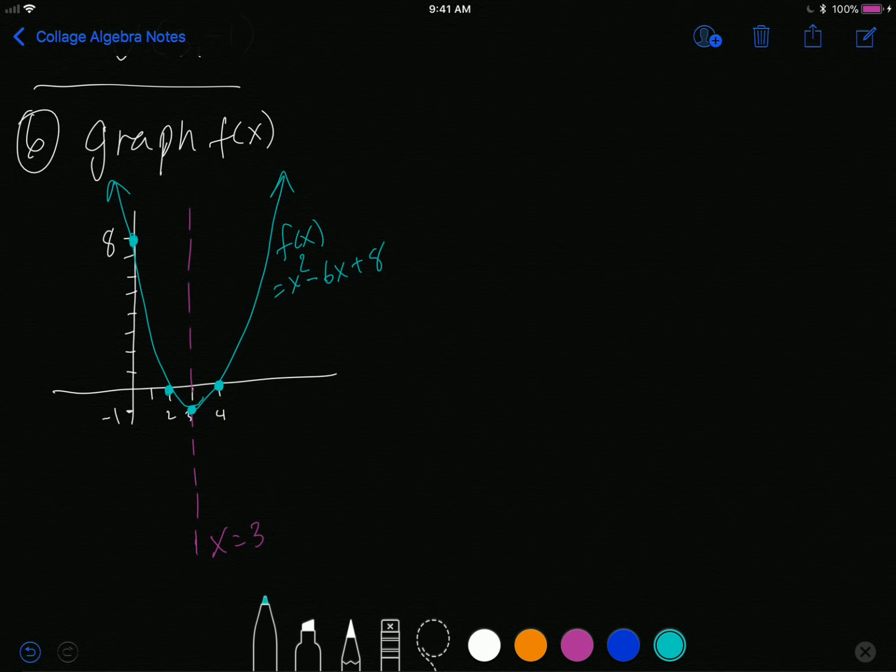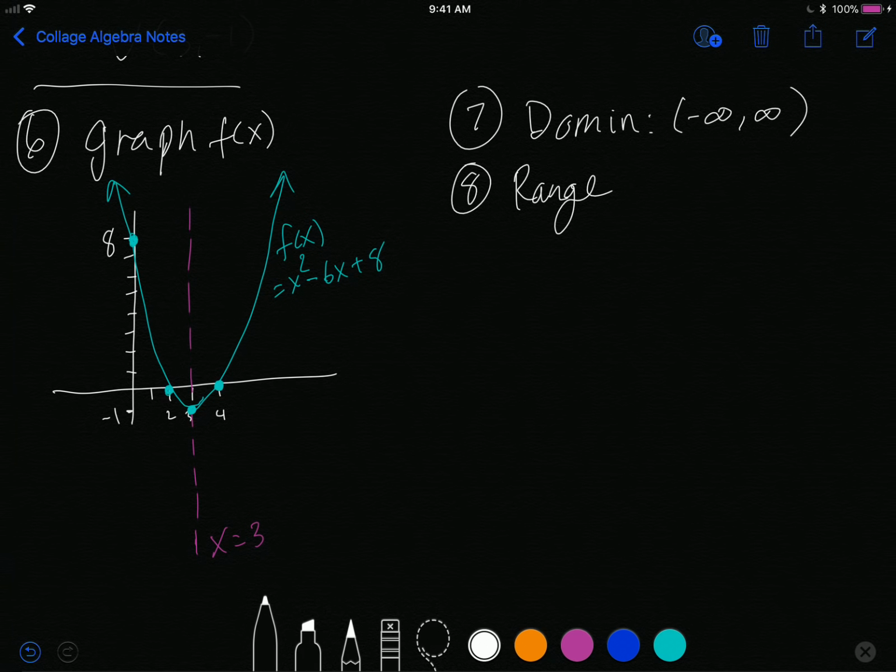The remaining steps ask us to simply analyze the graph that we have in more detail. Step number 7 is to find the domain. The nice thing about the domain for all quadratic equations is that they're all polynomials, and so their domains are always all real numbers. The range is a little bit more tricky.